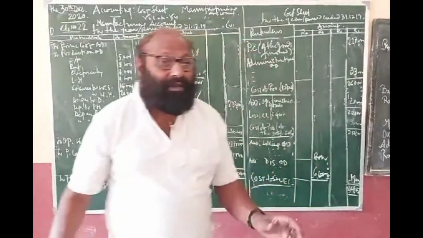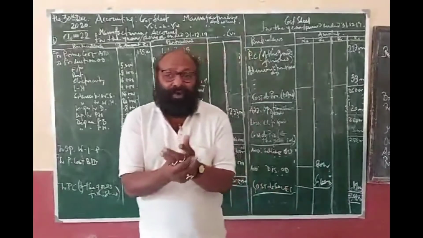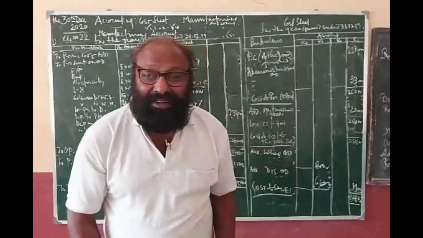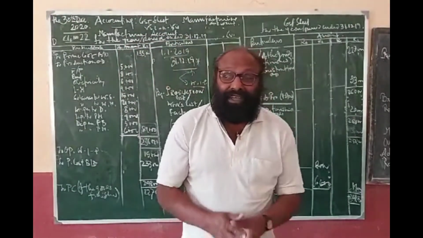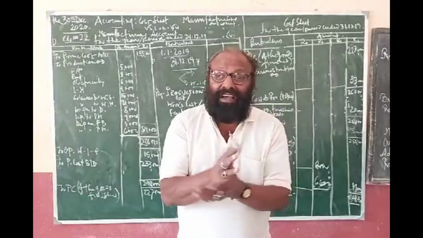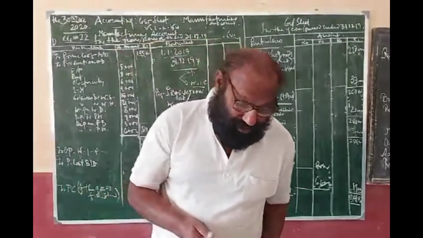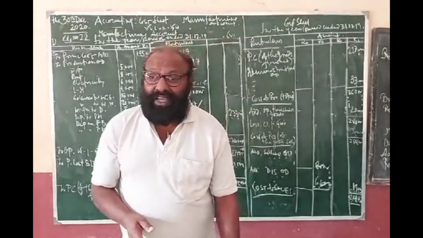Okay. Now you see, I am making a total presentation of what I have done so far regarding cost and cost sheet and manufacturing account. First of all, what is cost? Cost is the money expenditure incurred for getting anything. If you want to get something, you have to give up something. What you give up is cost.